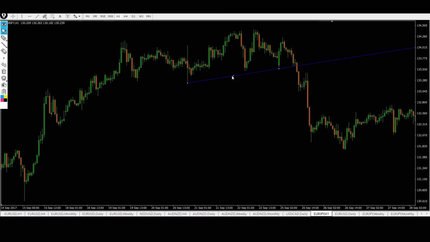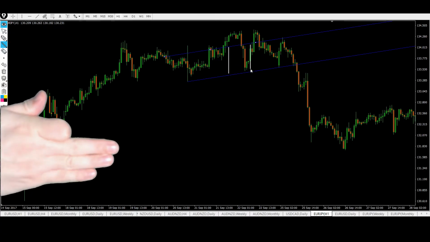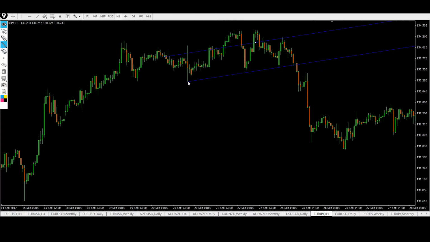Now what we want to do is draw that first bottom neckline, then adjust it to a pivot above to make that top neckline. Then just redraw that bottom neckline, and that assures that the 2 lines are parallel. Okay, so the 2 necklines must be parallel.